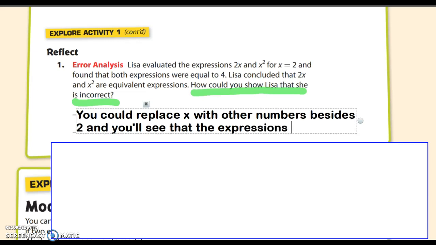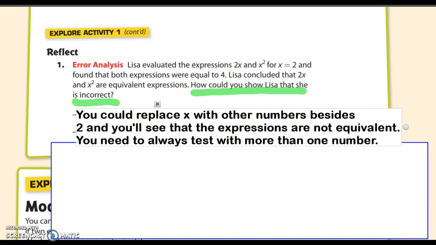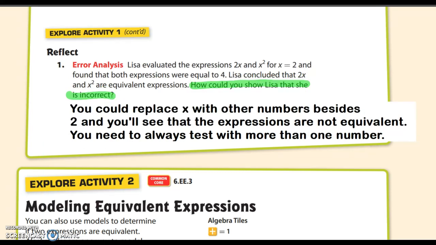That both things are true. And then I'm going to add a second sentence. You need to always test more than one number. Now on the first page that we did this, we tested with 3 and 5, I think it was. And they sure seem to be equivalent. On this one, when we tested with more than one number, they sure didn't seem to be equivalent. Okay, good job. Let's move on.